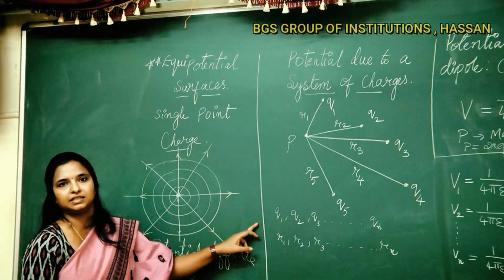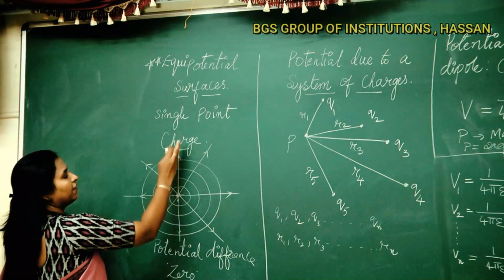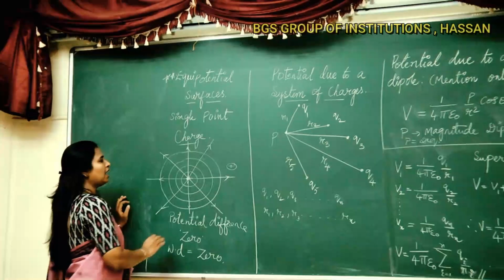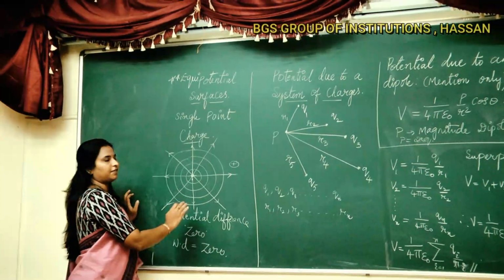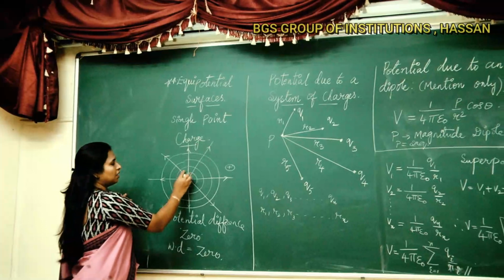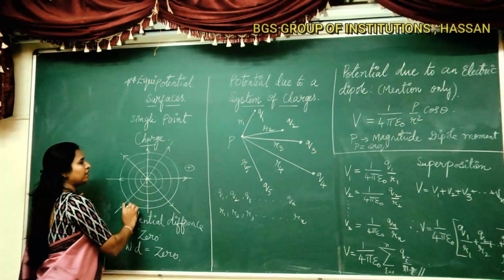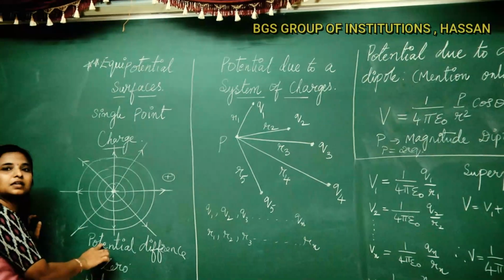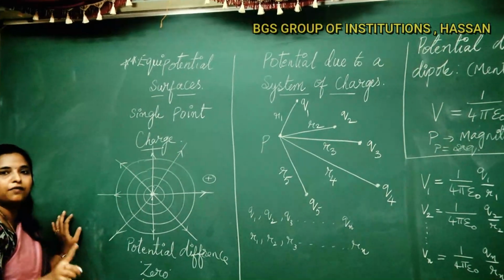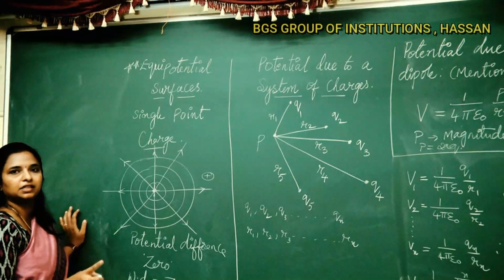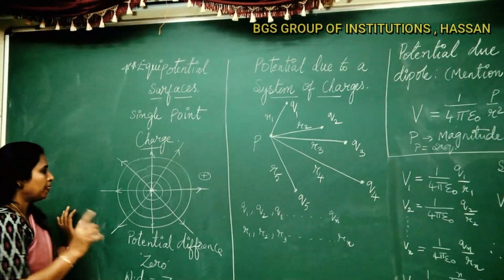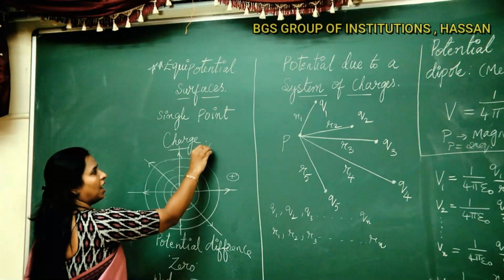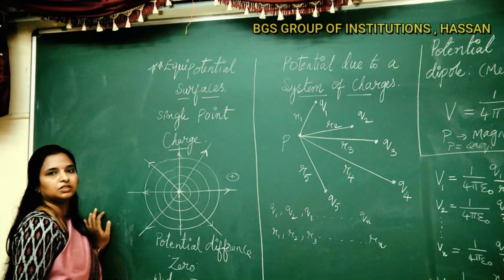The field lines always pass through the center. Since we have considered a single positive charge, and since it is an equipotential surface, we have to first draw the concentric circles, and then represent the field lines. What are the field lines? These are the imaginary lines which denote the existence of the electric field, isn't it? Then since it's a positive charge, the arrow mark should go away from the charge.